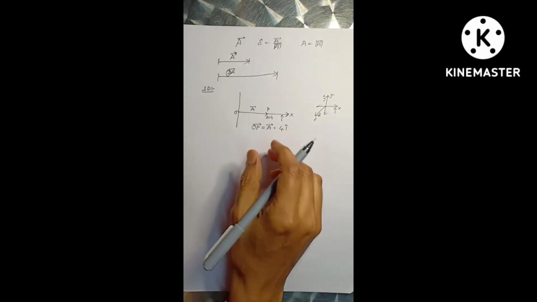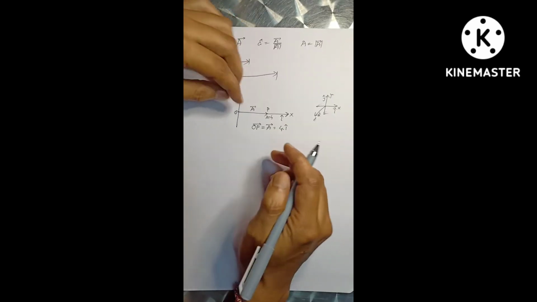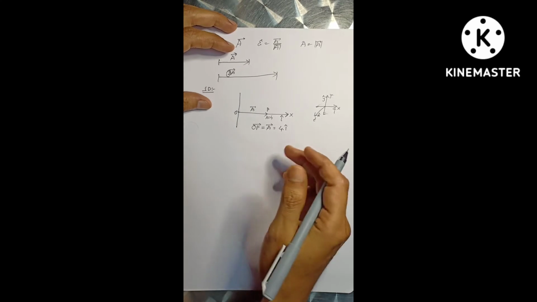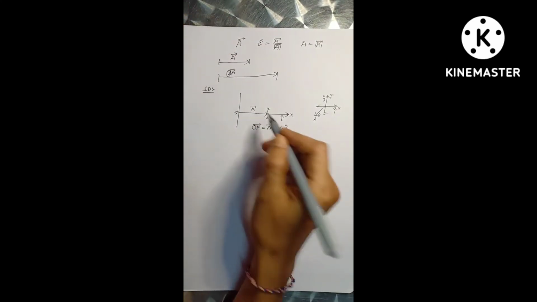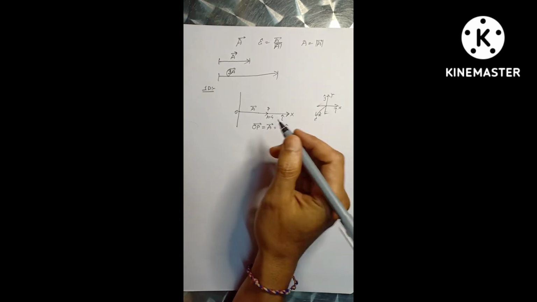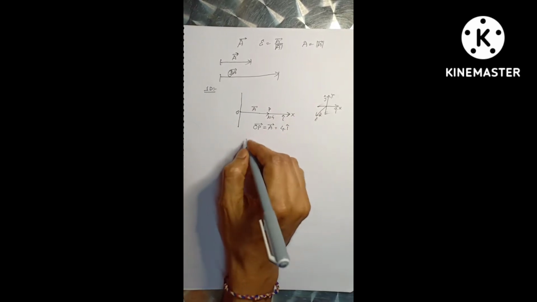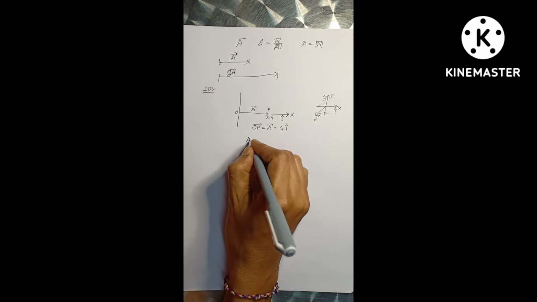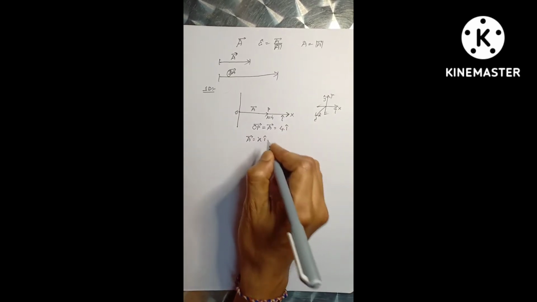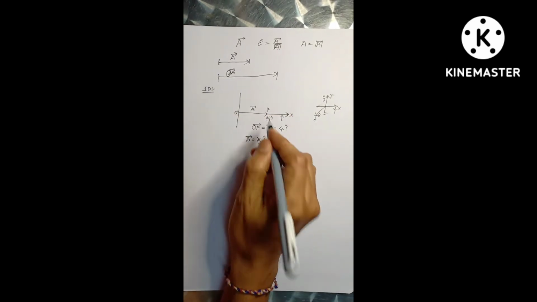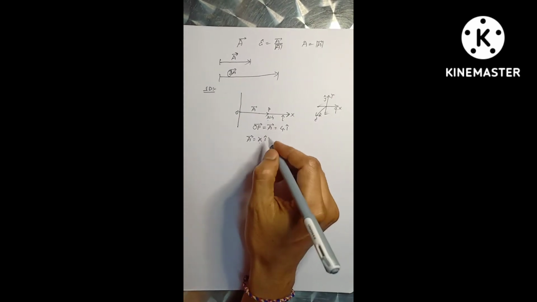So we can represent this vector OP by 4 i cap, and if a vector goes up to 3, we can represent it as 3 i cap. So along the x-axis we can represent a vector generally as x times i cap, where x is the value of the coordinate point.